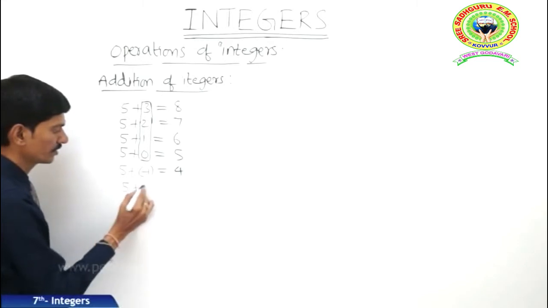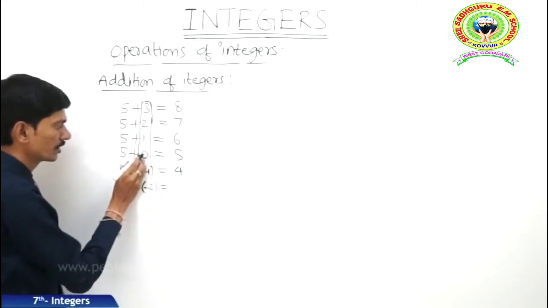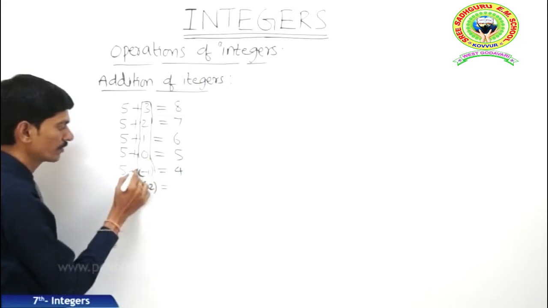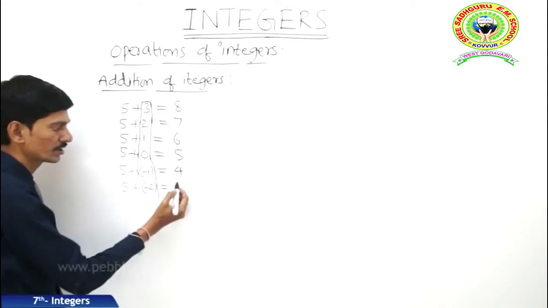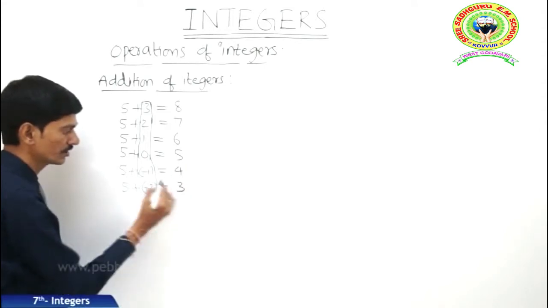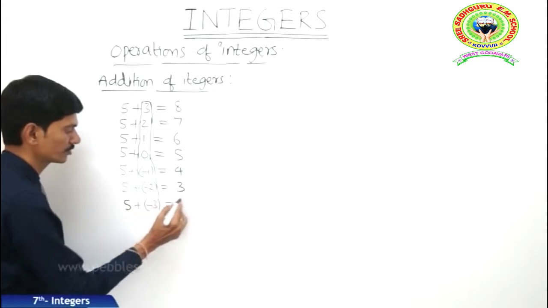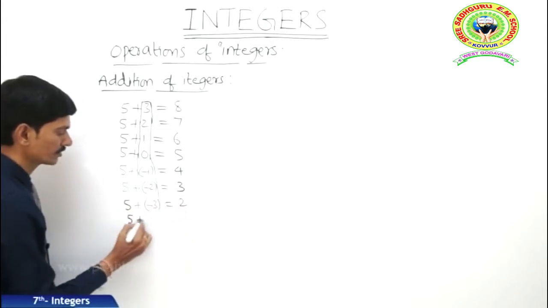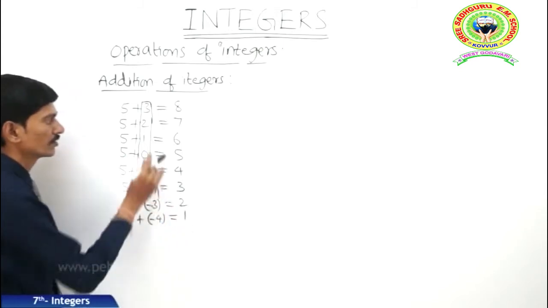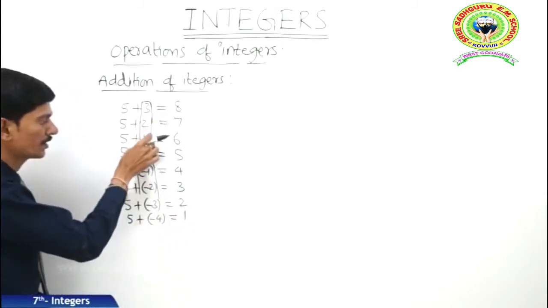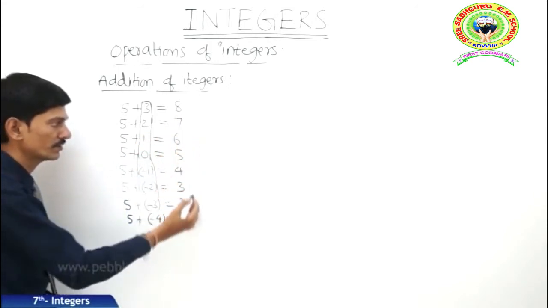Then 5 plus minus 2 equals, so here also the number being added is decreased by 1, so the sum also decreased by 1, then we get 3, and 5 plus minus 3 equals 2, and 5 plus minus 4 equals 1. Now when the number being added is decreased by 1, the value of the sum also decreased by 1.